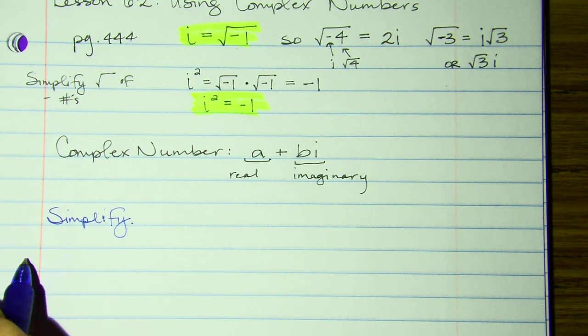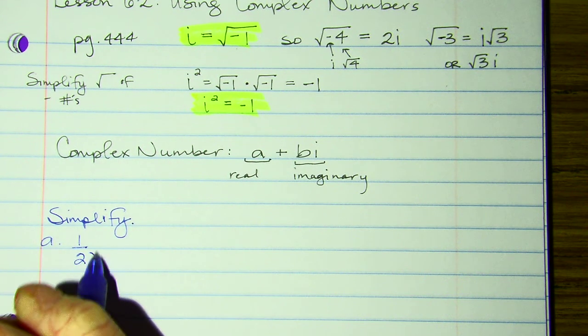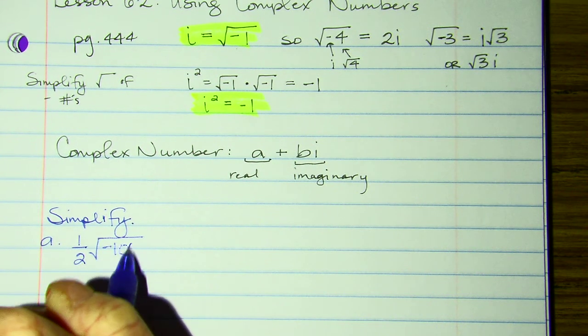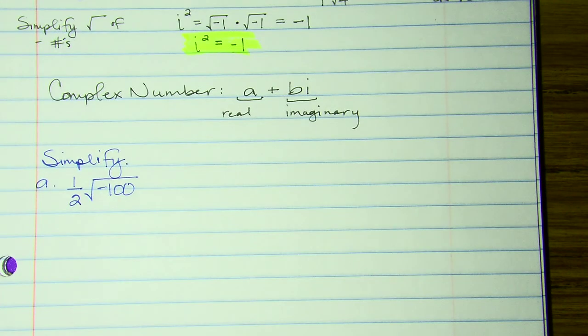Part A asks us to simplify 1/2 times the square root of -100. Notice I said times because the 1/2 and the square root are next to each other.